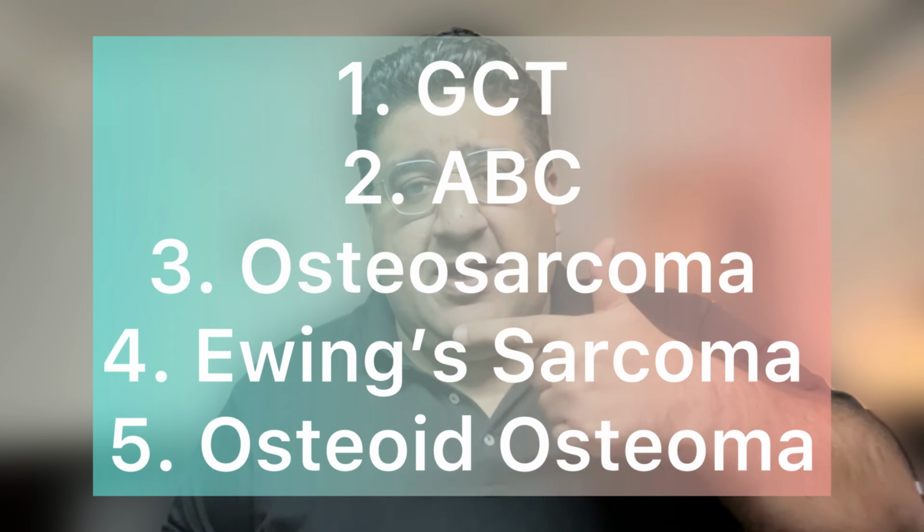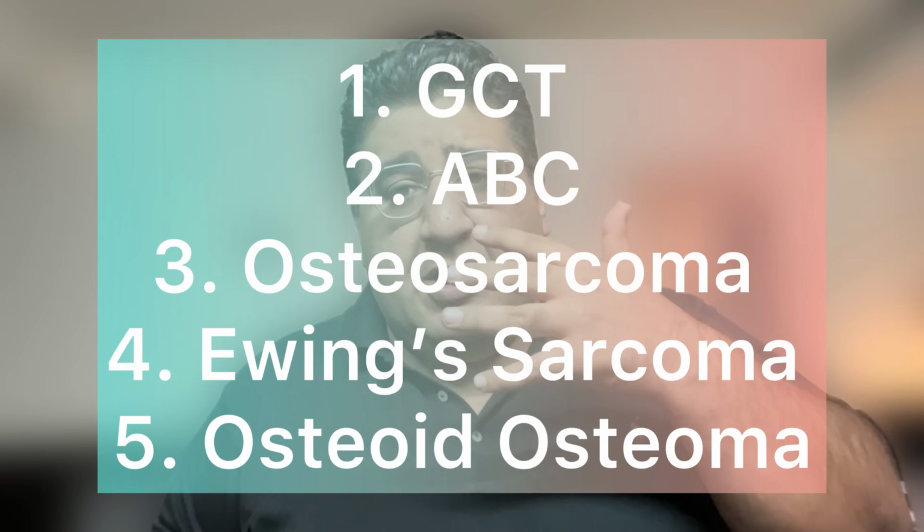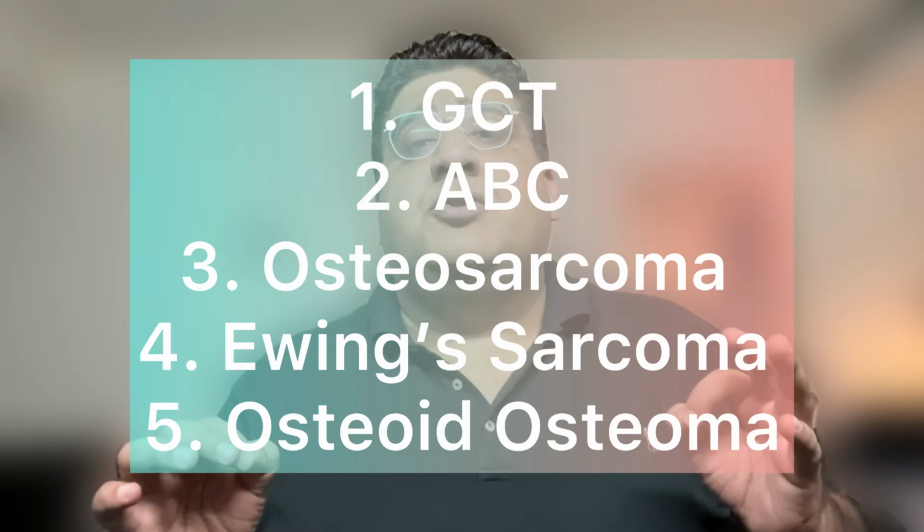So coming back, after the first update, GCT, second update, ABC, third update, osteosarcoma, fourth update, Ewing sarcoma, fifth update, osteochondroma, you had the sixth update, osteoid osteoma. Now, you have to understand one more thing here, that all these tumors can come in the form of an image-based question or in the form of a clinical history question.